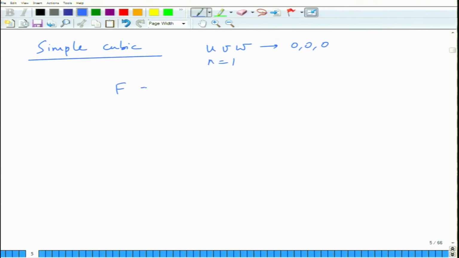So capital F is equal to small f, monatomic, into exponential of 2 pi i (h times 0 plus k times 0 plus l times 0).